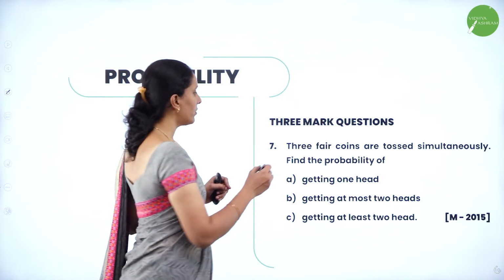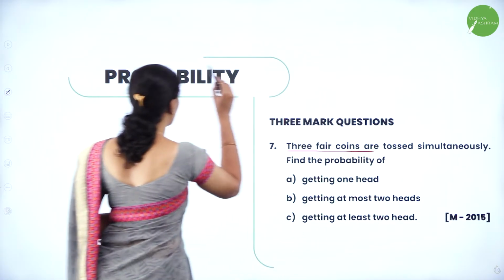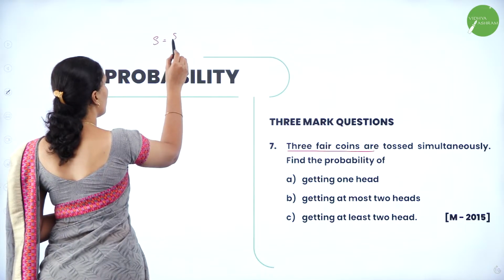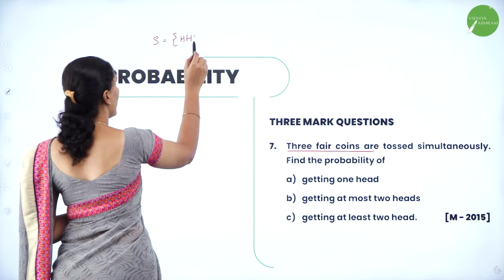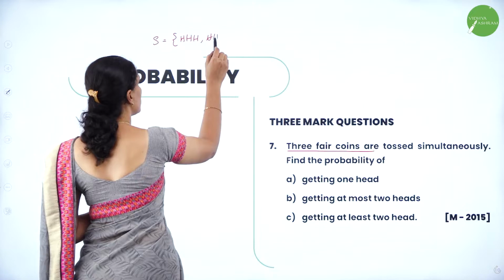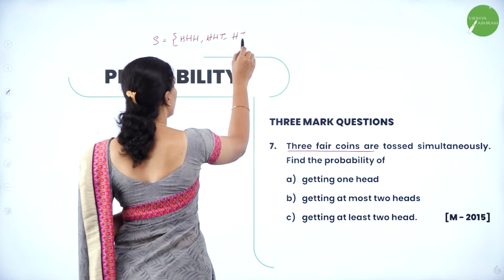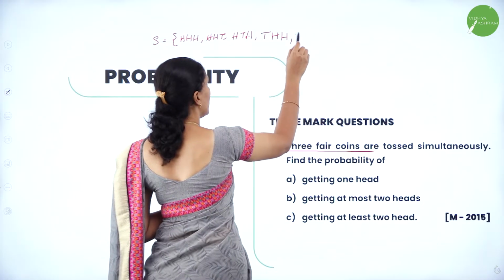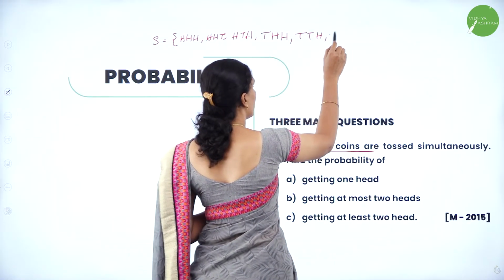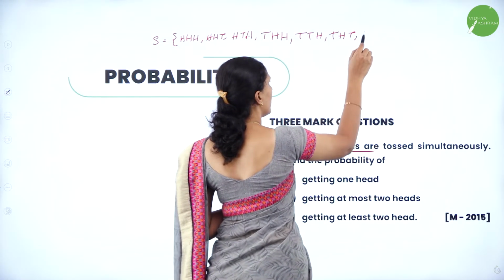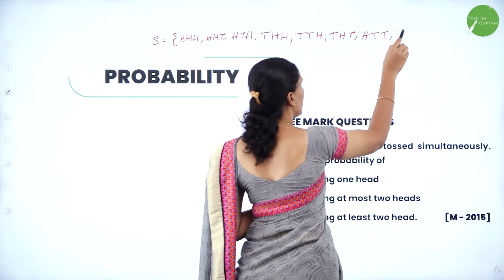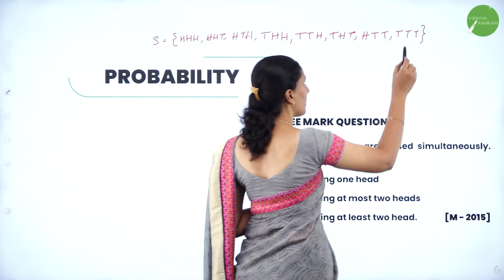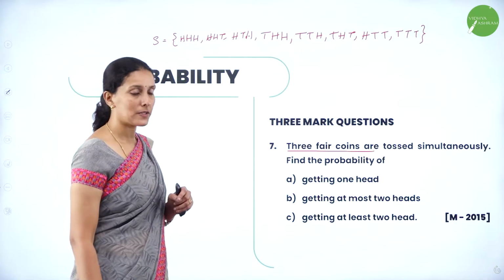So, whenever 3 fair coins are tossed, our sample space will be in the form of HHH, HHT, HTH, THH, HTT, THT, TTH, TTT. So, T represents the tail and H represents your head.